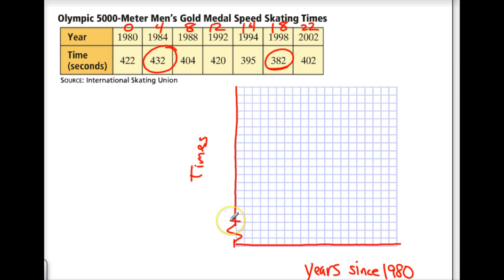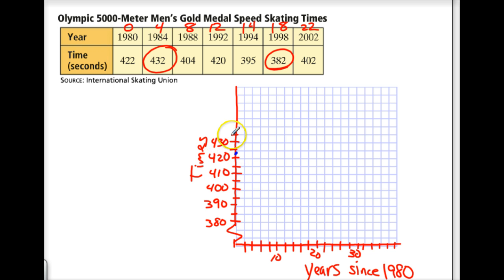I'm going to start at 380, and every line. Each of the x-axis is just going up by 2s. The y-axis needs to be extended a little bit, and then I'm plotting my points.